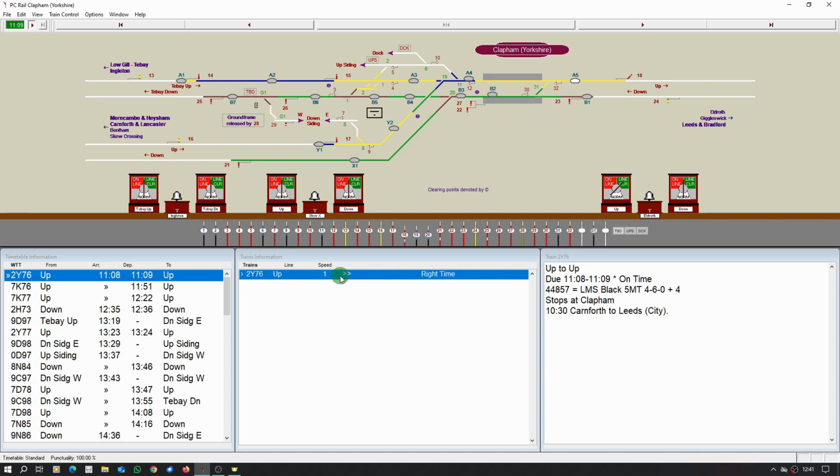And off it goes. Right time. So we'll send entering section now. And that's it. I'll wait till the track circuit is cleared, put 18 back, and then we just wait for outer section. Then we've got quite a big gap, so I'll stop that there.